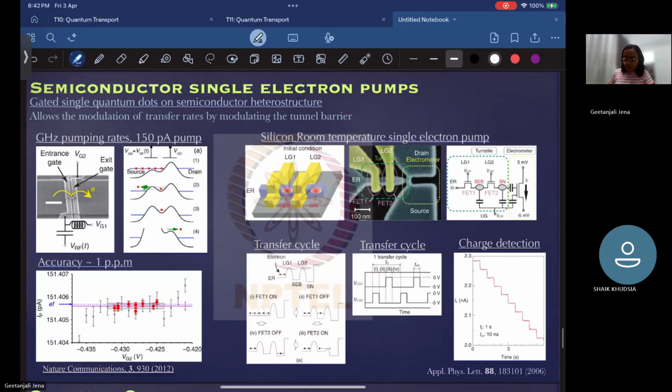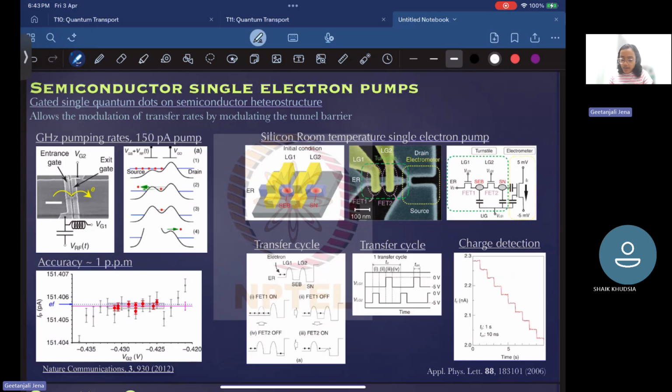Okay. For the second part, we have the semiconductor single electron pump. If you look at this, the issue with the metallic single electron pump was the current level. If you recall, they are on the order of picoamps.